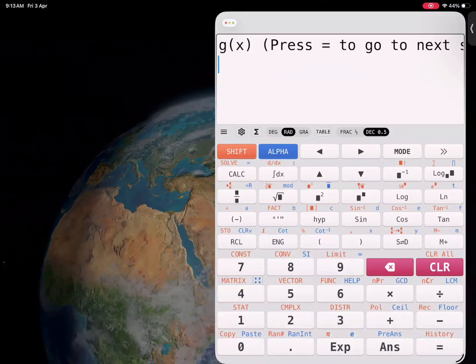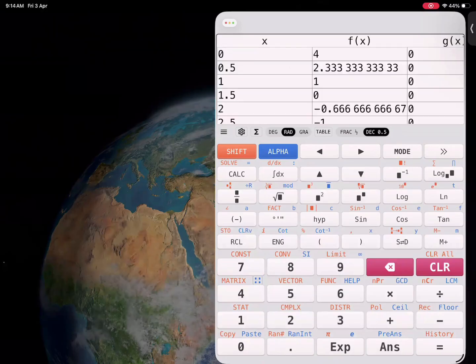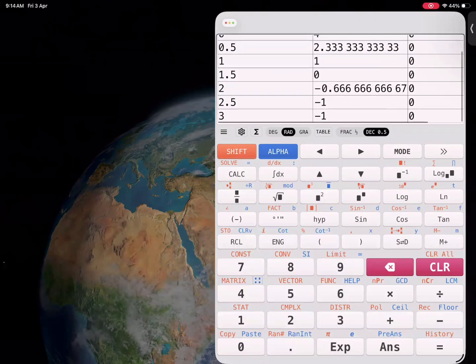If I press it, it asks, start from where? Start from 0. Ends where? At 3. Step how much? 0.5 gap.